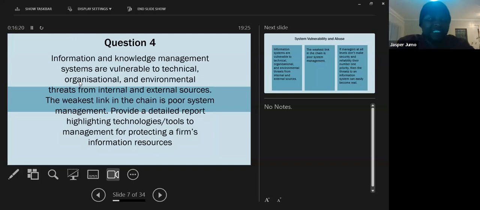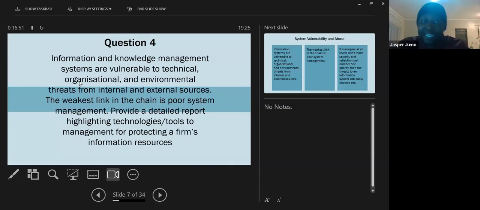So it goes like this: information and knowledge management systems are vulnerable to technical, organizational and environmental threats from internal and external sources. So what you need to understand here is they're just saying that the information systems that we're talking about, generally the IT infrastructure, your software, your computers, anything that is IT related, can be vulnerable to threats.